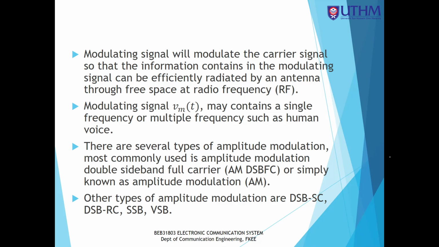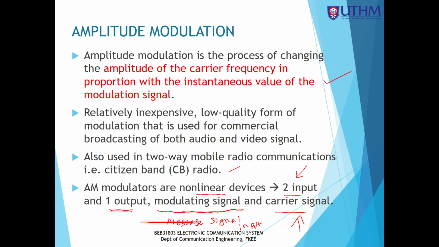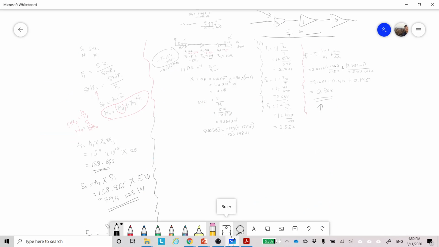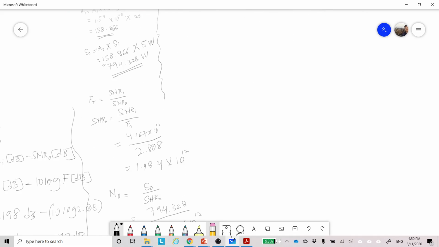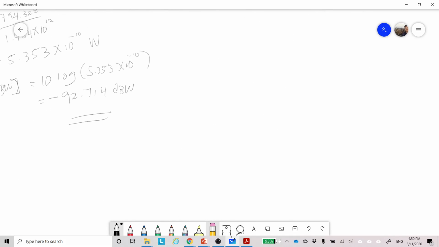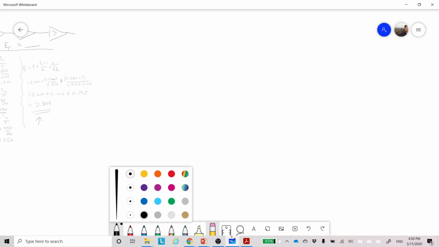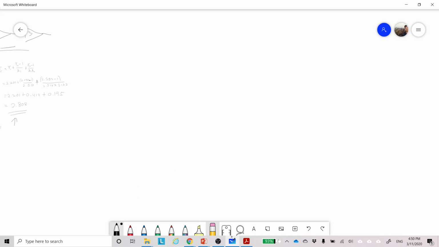Okay. So macam mana bentuknya? Kalau kita lukis dalam bentuk transmitter, sekejap.